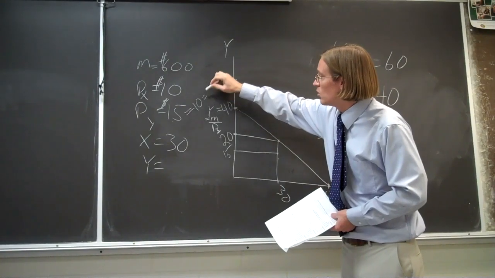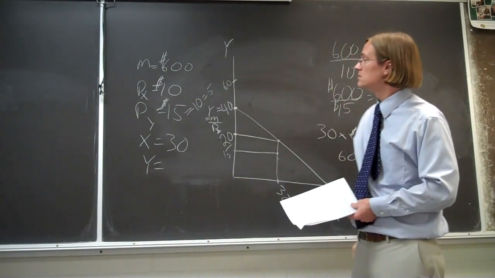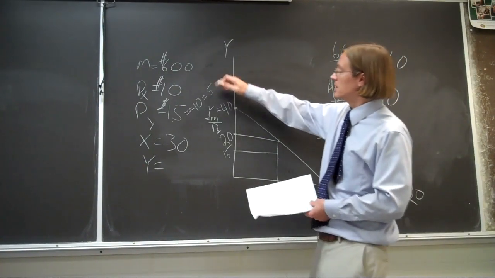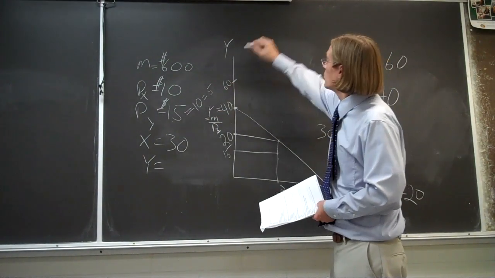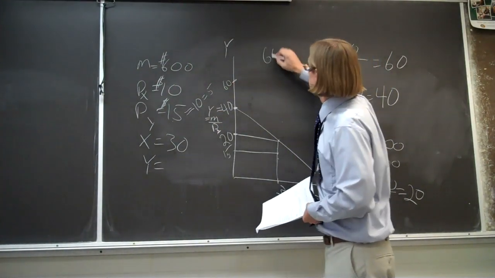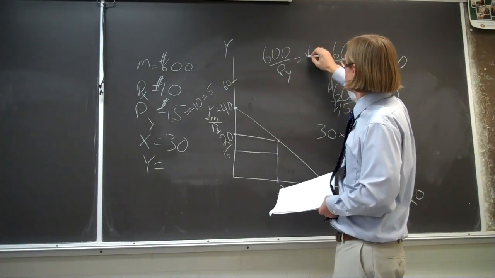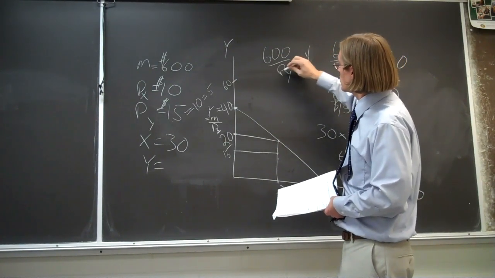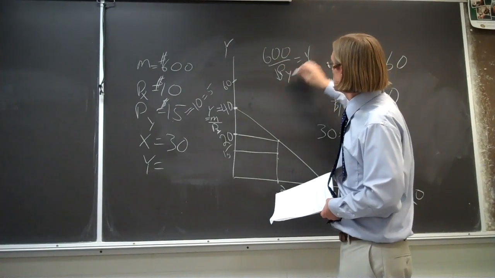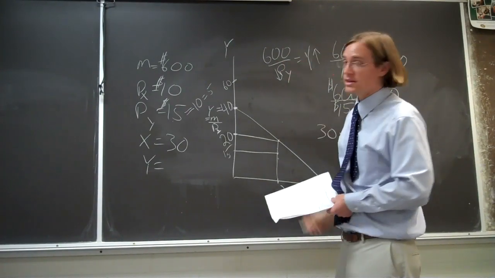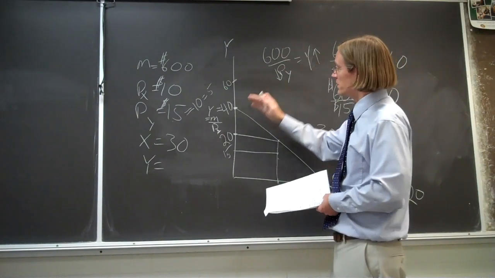If the price of Y dropped to $5, then again, as the price of Y drops, we're dividing our income, 600, by the price of Y, so the quantity of Y we're able to purchase is going to increase.